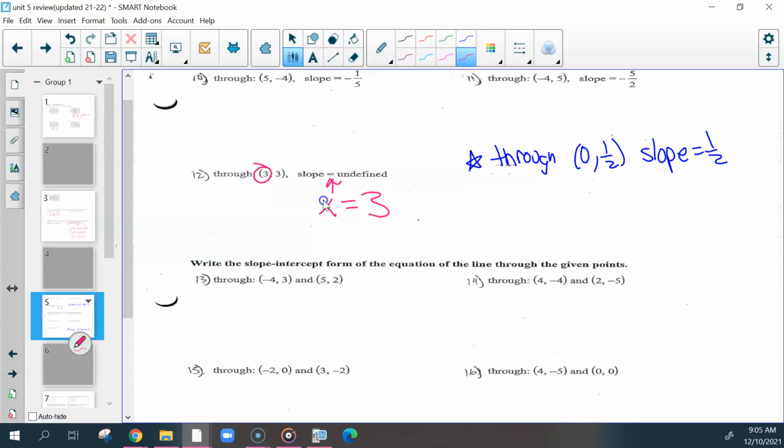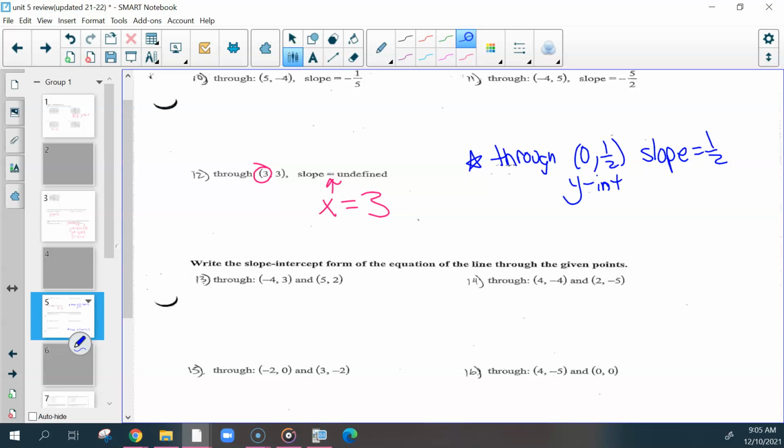For the one that we just wrote down, do we have to do any work to that one? No. It has a point and it has a slope, but this point that they gave you is your y-intercept.